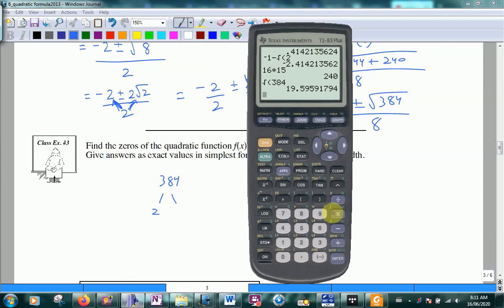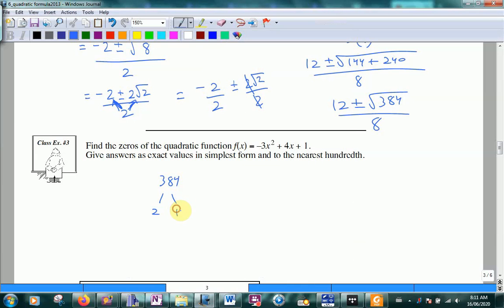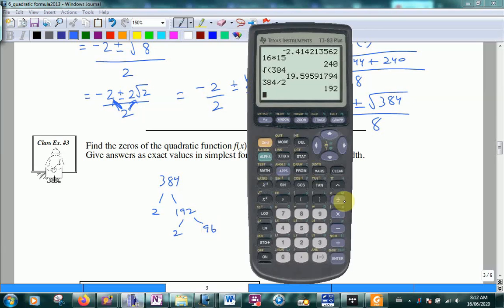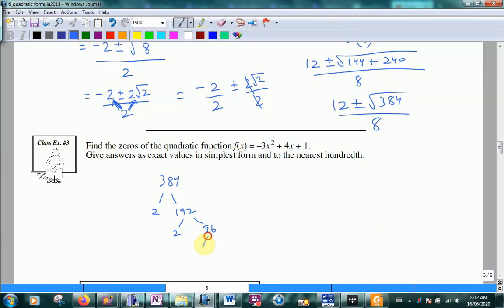What's half of that? I don't know, I should do this in my head, but I'm going to cheat. 192. Okay? Still don't know what goes in there, but it's still even. Let's take a 2 out of there. 96, right? Let's just double check. It's early. 96.